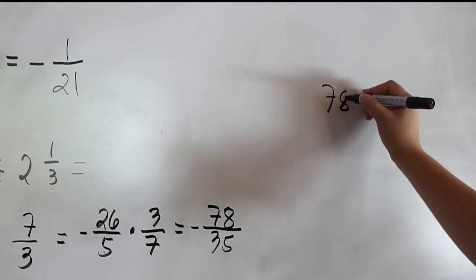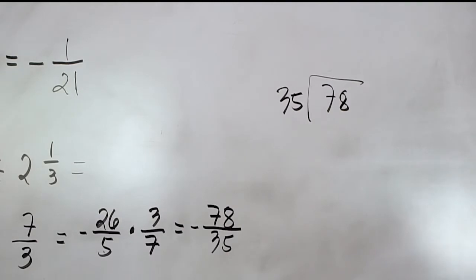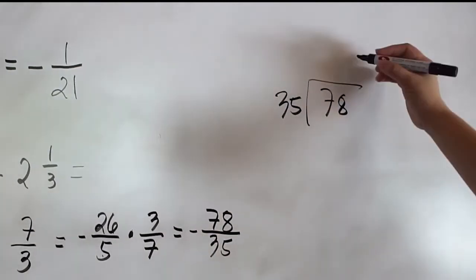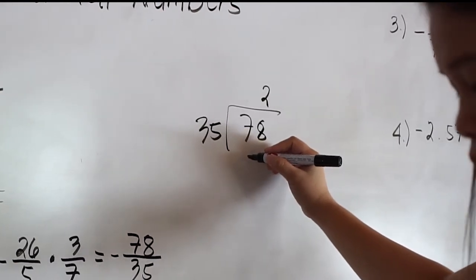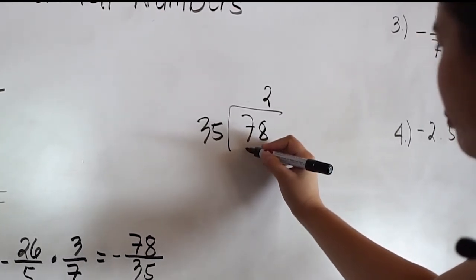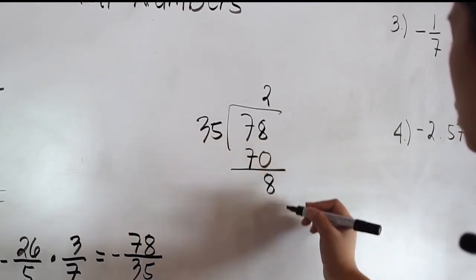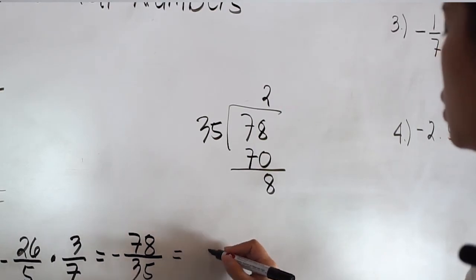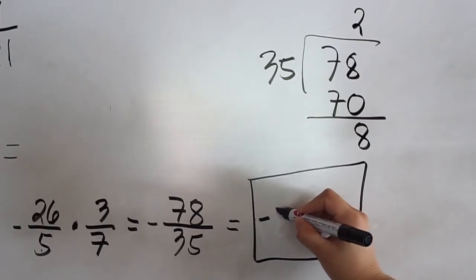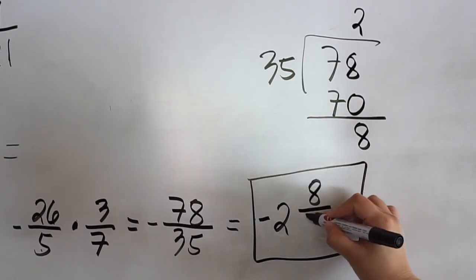So, 78 divided by 35. So, 2, 70, 8. Your final answer is, don't forget the negative sign, negative 2, 8 over 35.